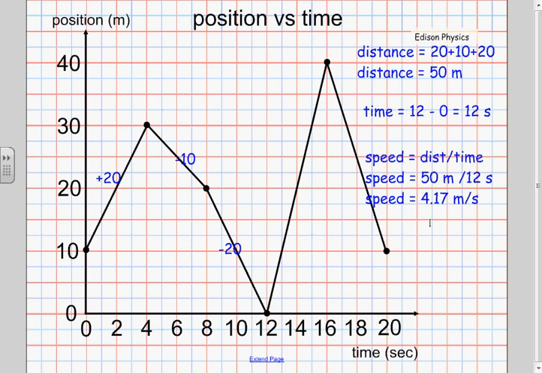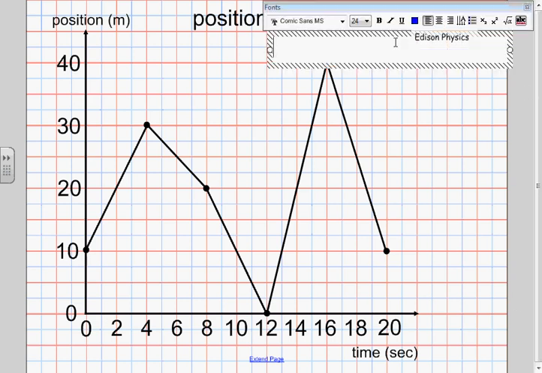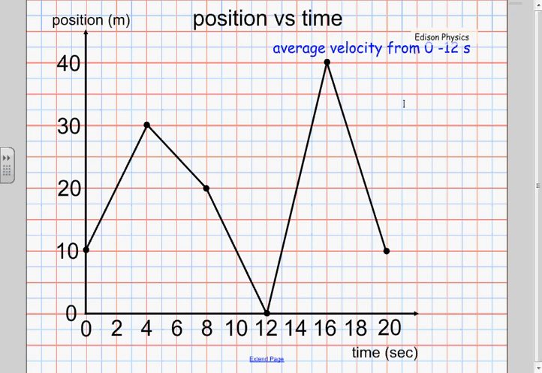All right, let's look at another example. This time we're going to look at velocity. Suppose we want to calculate the average velocity for the first 12 seconds. To find the average velocity, I need to know my displacement, and I need to know the time.